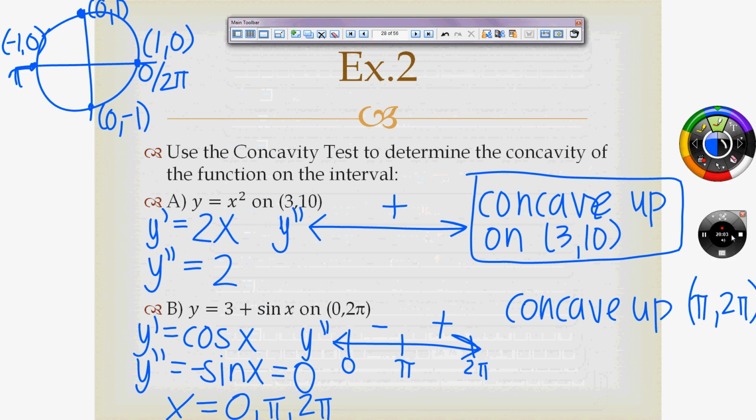And then concave down. What interval there? 0 to pi. Now this would be, of course, different if we had a different interval. So depending on the interval they specify, especially for trig functions, it's going to make a big difference in their answers. Any questions about the process of the concavity test and what you want to do there?